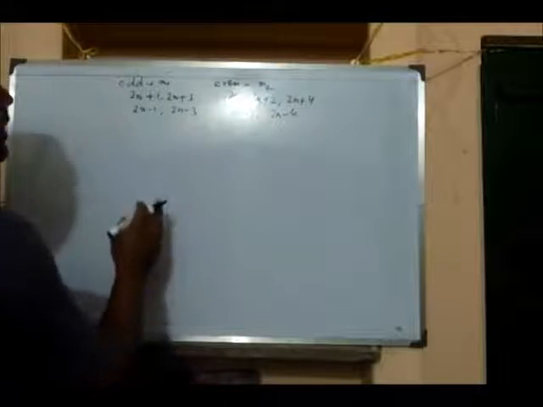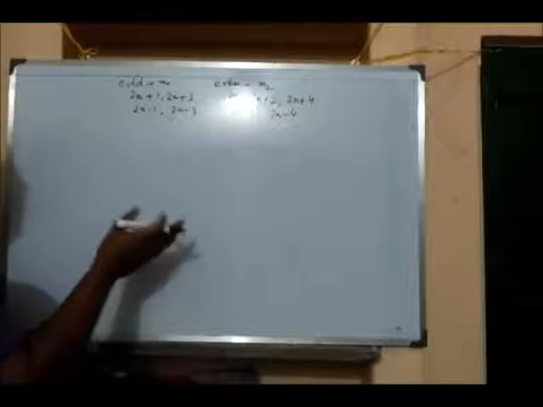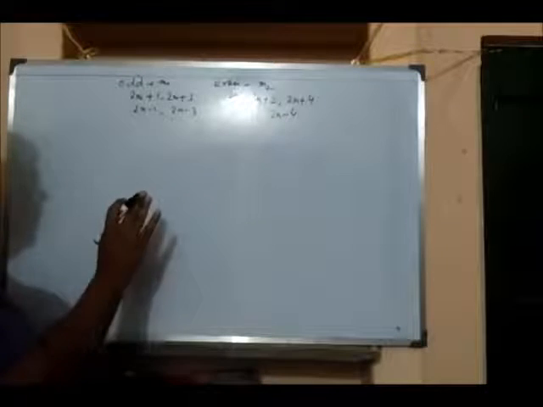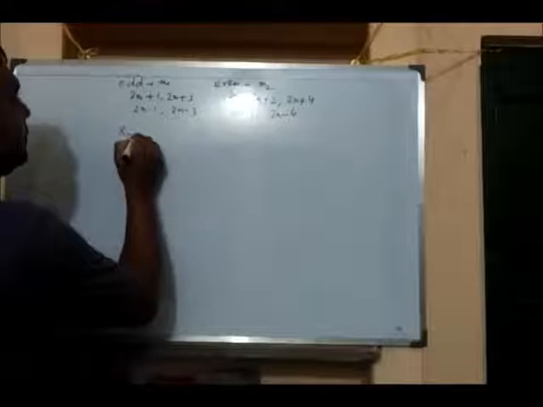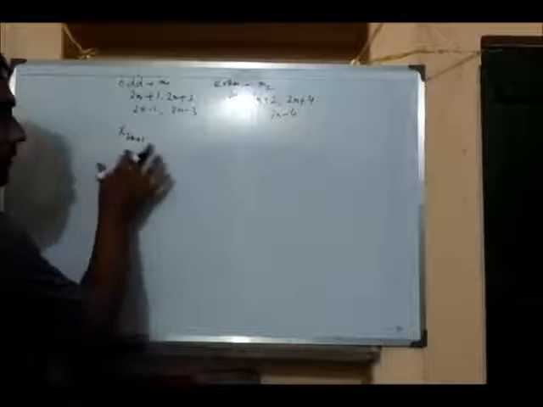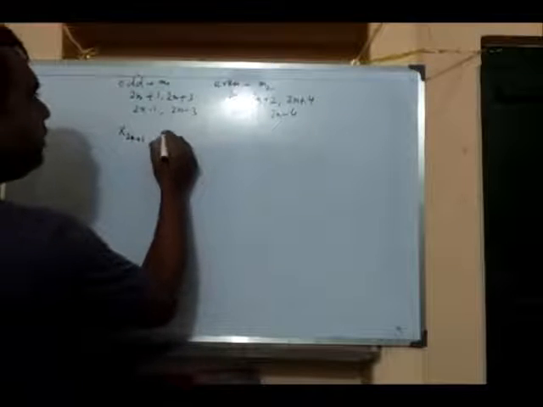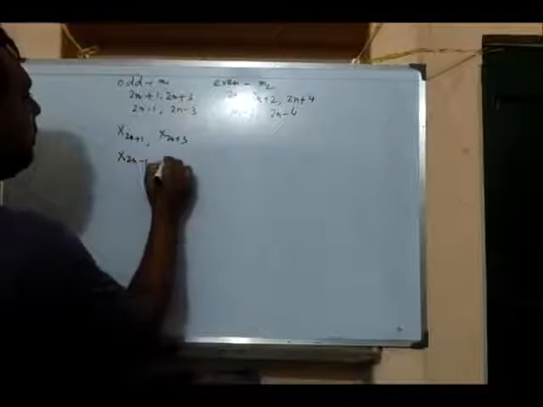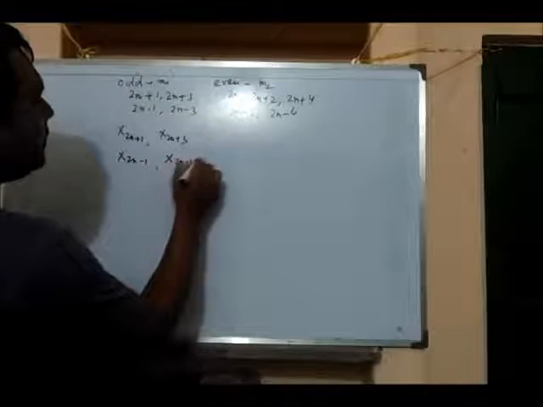And obviously, when we are going to calculate the simple harmonic motion, we are assuming that x2n+1 is the displacement of the atoms from equilibrium position, x2n+3, x2n-1, x2n-3, and so on.